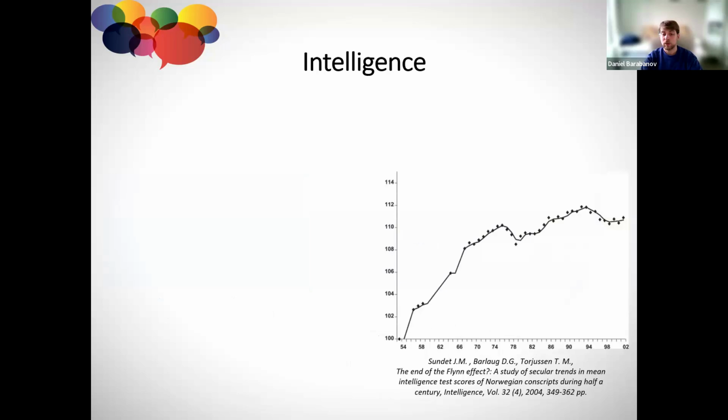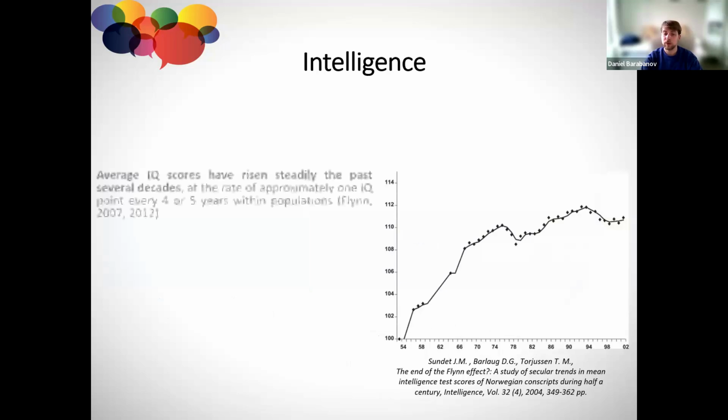What is also interesting about intelligence is the so-called Flynn effect. If you take a look at this graph, on the vertical axis there are average IQ scores for big groups of people, from population research, and on the horizontal axis are the years when that research was conducted.